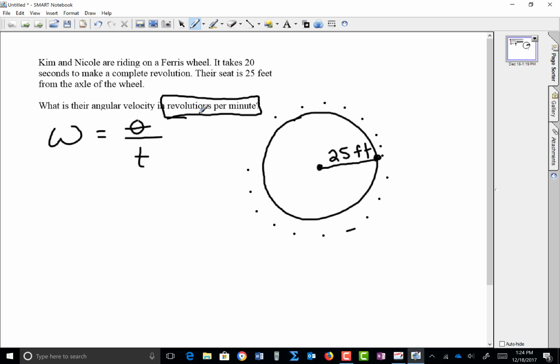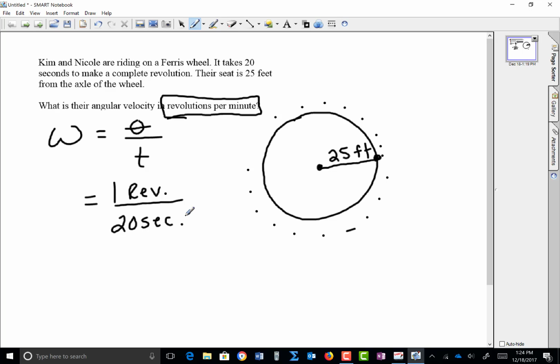Anytime they're talking about going around that circle, whether it's radians per minute, revolutions per minute, whatever, that is angular velocity. So they're telling us that we're going around that circle one revolution, and it's taken us 20 seconds. And they are asking for revolutions per minute.